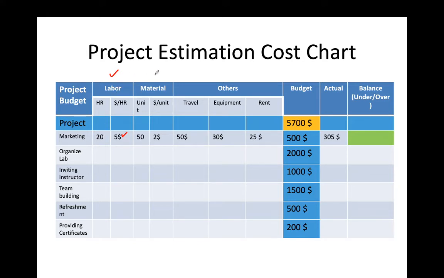Now we come to the material cost. What materials do we need? We need banners, we need brochures, we need pamphlets. So this type of materials we need. And how many materials or units do we need?